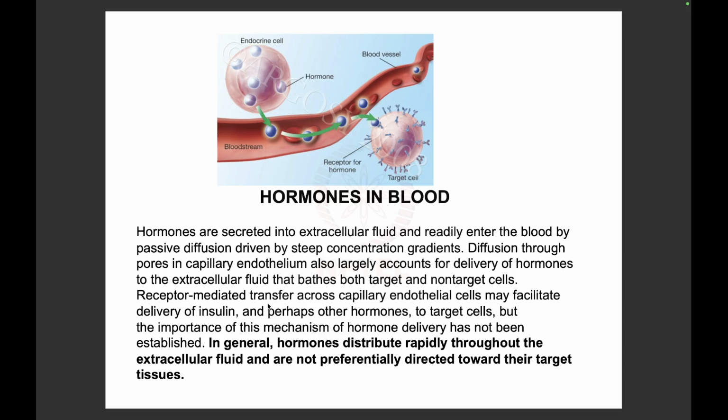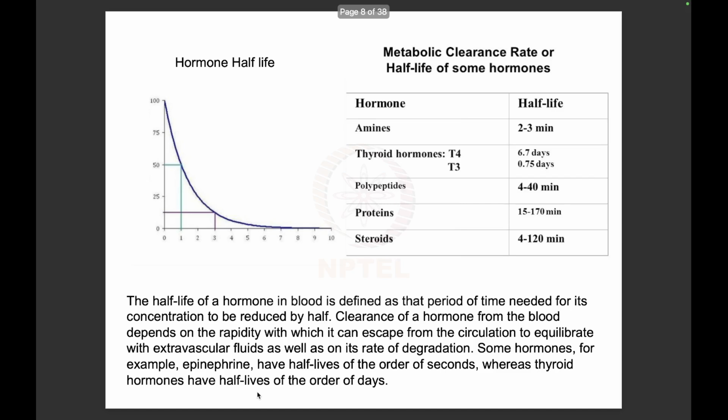Receptor mediated transfer across capillary endothelial cells may facilitate delivery of insulin and perhaps other hormones to target cells, but the importance of this mechanism of hormone delivery has not been established. So, in general, hormones distribute rapidly throughout the extracellular fluid and are not preferentially directed towards their target tissue.